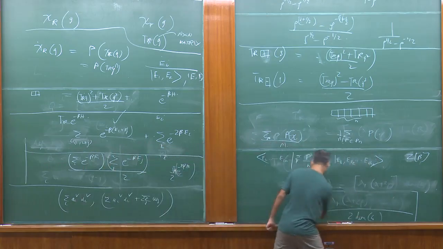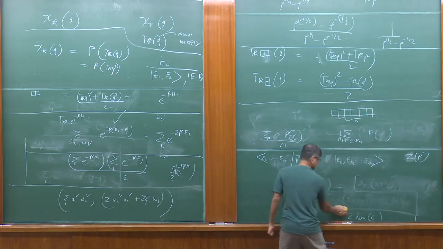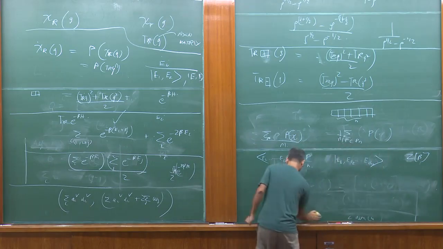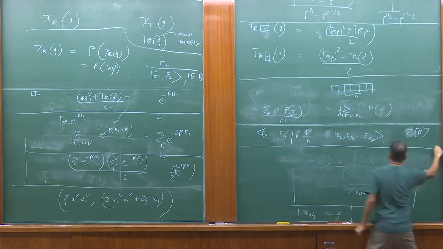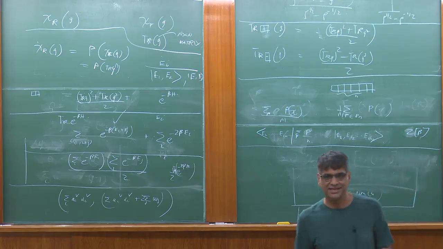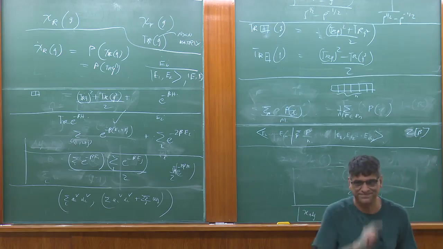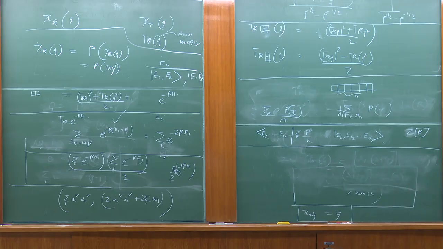Now, what do you do? Well, notice that any particular permutation element is labeled by its cycle structure. Every permutation element is made up of cycles. This you know, right?